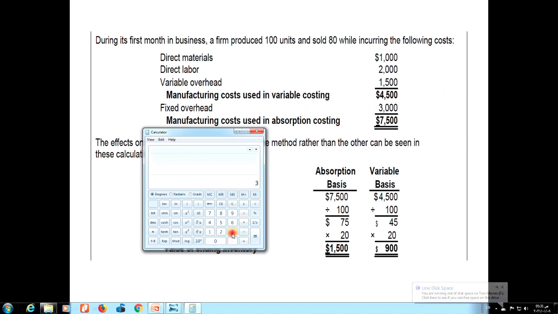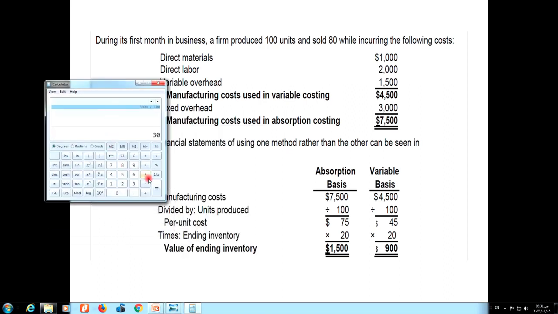We have fixed overhead of 3,000 divided by total production of 100 units, so the fixed manufacturing overhead per unit equals 30. Multiplied by the ending inventory of 20, this equals 600, which constitutes the difference between the values in ending inventory. 600 plus 900 equals 1,500.